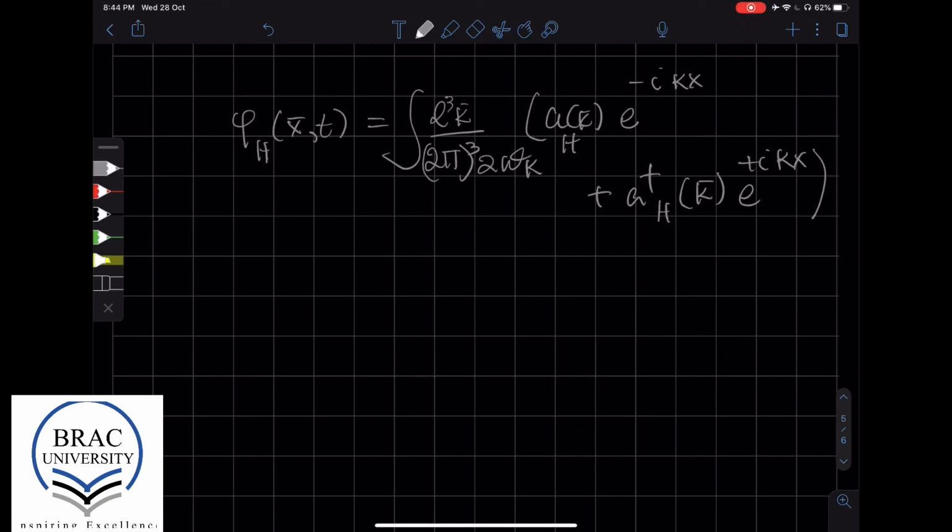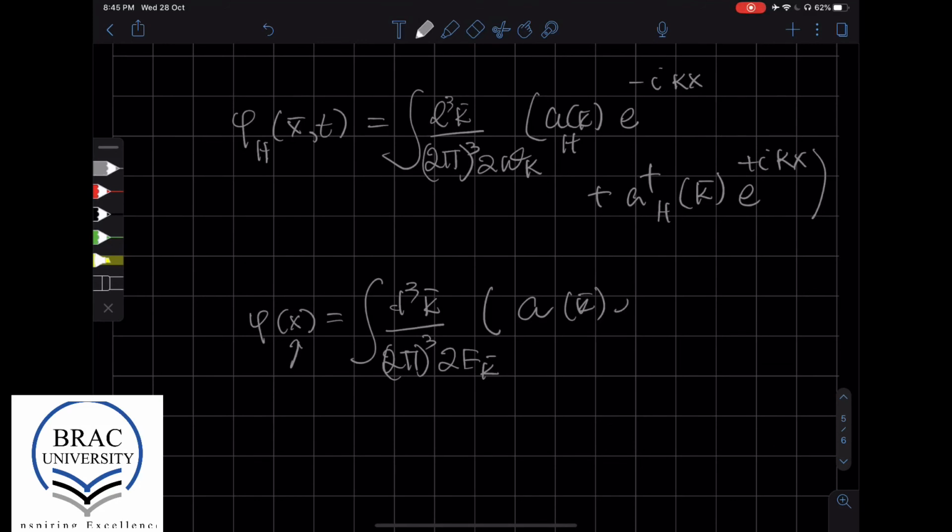So what we're going to do from now on is that because we're going to assume that we are in the Heisenberg picture, we're going to drop the subscript H. So we're going to write this as phi of x, where x is a four-dimensional space-time coordinate, and then this will be d cubed k divided by (2 pi) cubed, 2 E, and then a of k e to the power minus i kx plus a dagger of k e to the power plus i kx.